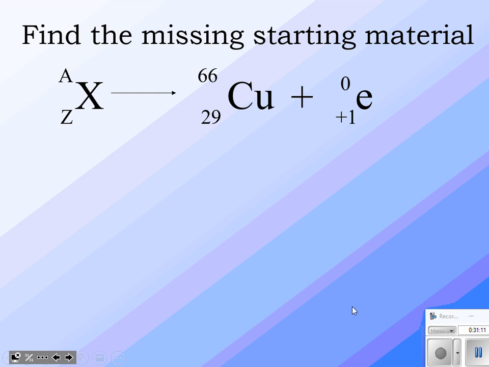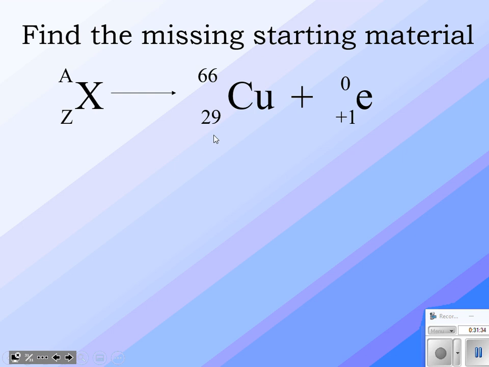What is the starting material here? Okay, can we work this backwards? I have copper 29, 66. All right, so if I'm working this backwards, I have one more proton, correct?